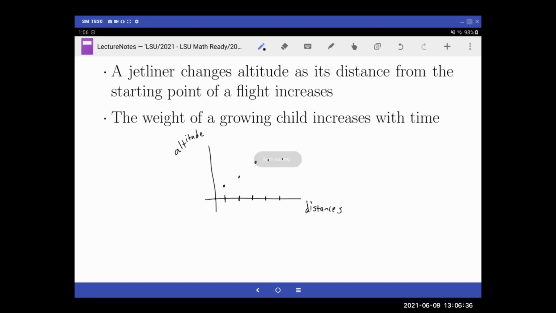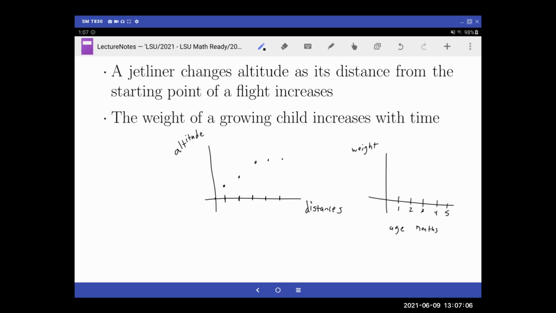Also, you know how children will grow. I know that well at this point. They grow a little bit too fast sometimes, and you can't keep up with the right size clothing. But let's say they are at 1 month, 2 months, 3 months, and so on. That would be their age in months, and this can be their weight.